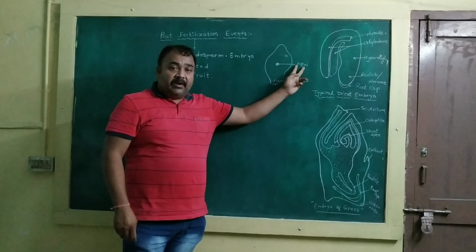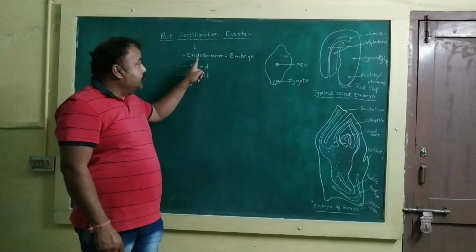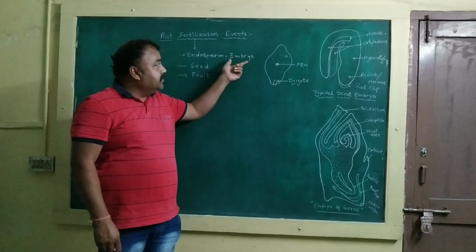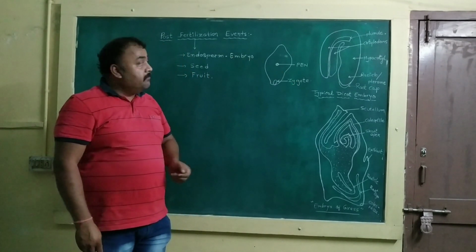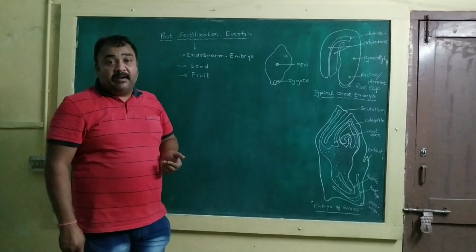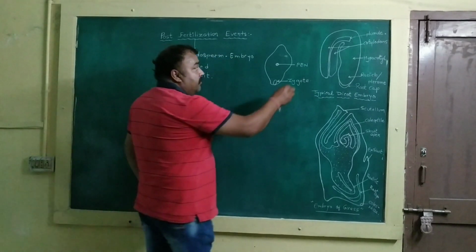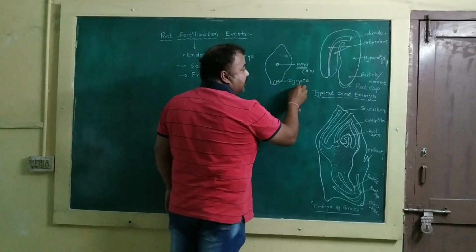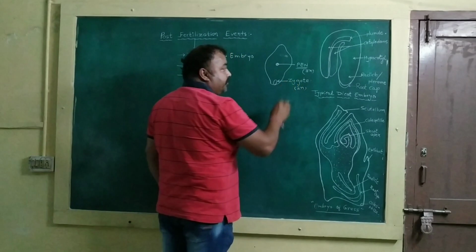Primary endosperm nucleus will give rise to endosperm. Zygote will give rise to embryo, by the process of endosperm and embryo development respectively. We know that primary endosperm nucleus is triploid in nature, whereas zygote is diploid in nature.